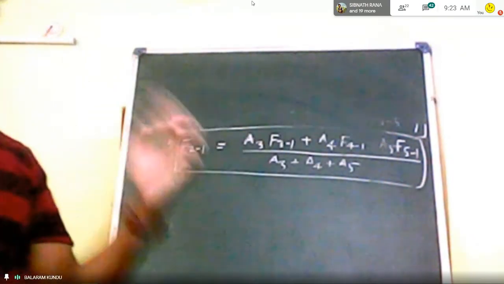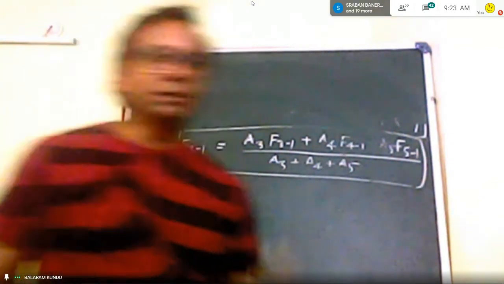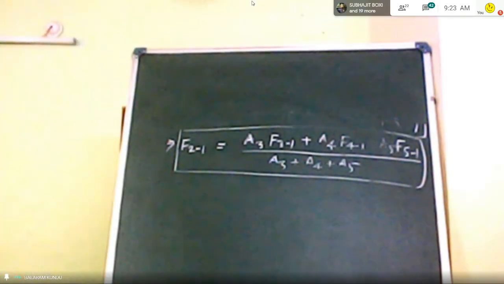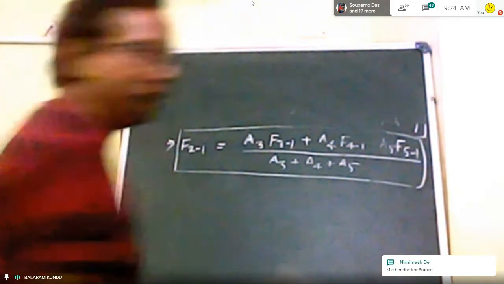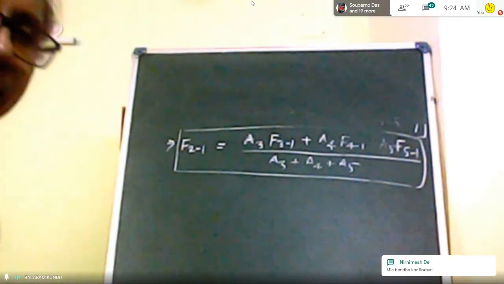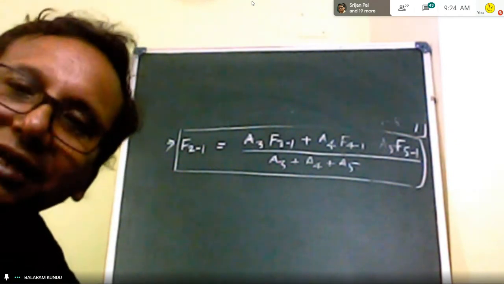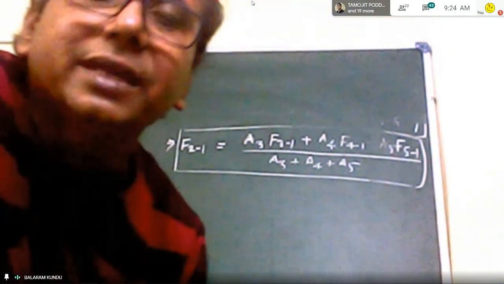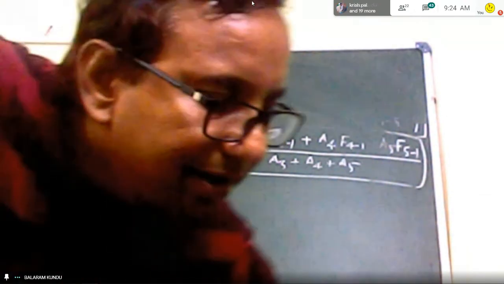So how many shape factors will be required to calculate the radiation heat exchange between any two surfaces? For an n zone enclosure, how many shape factors are there? N minus 1?